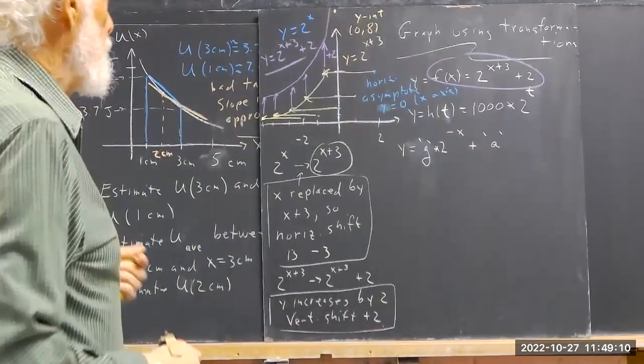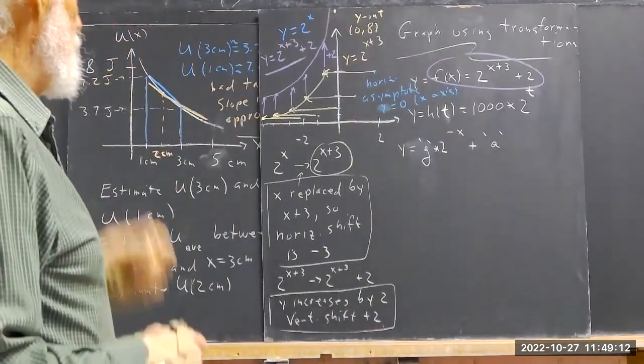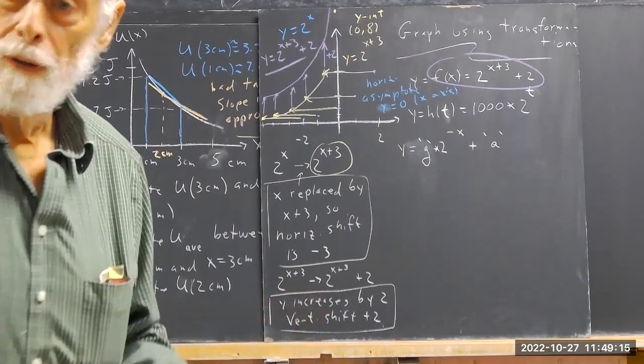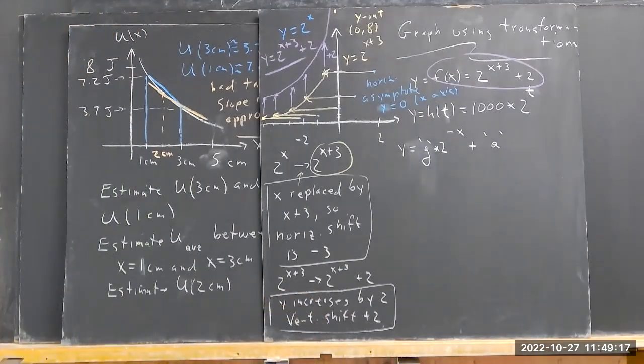And one other comment, I don't have room to write it. What's the horizontal asymptote? Can you tell me what the horizontal asymptote would be?